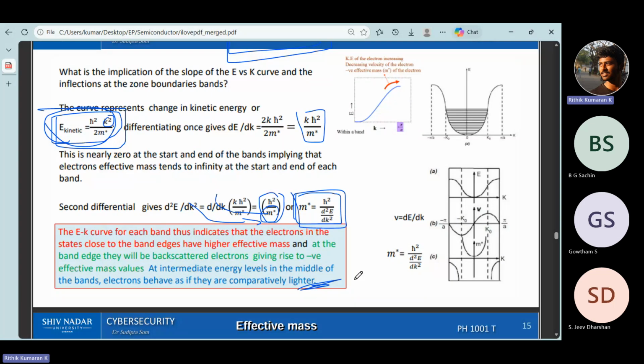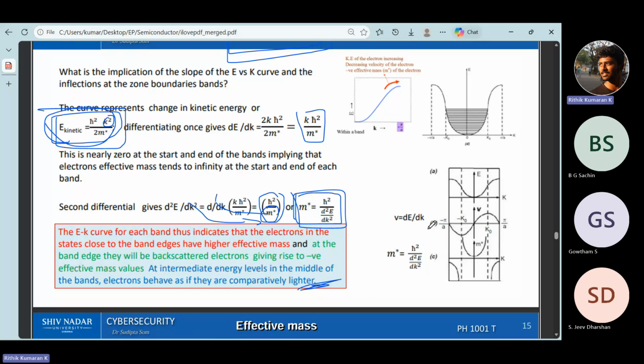In that case, if it tries to exit, there will be a back scattered force. If something is pushing, there will be a back scattered force, right? This back scattered force is more at the band edges. So essentially, this pushing force is more than the going force. It will lead to a negative effective mass. Correct? Because effective mass is concerned with forces also, right? So that's why we get a negative effective mass here.